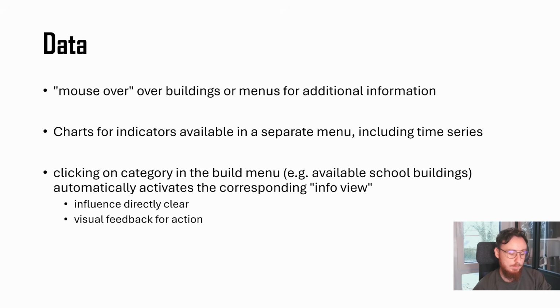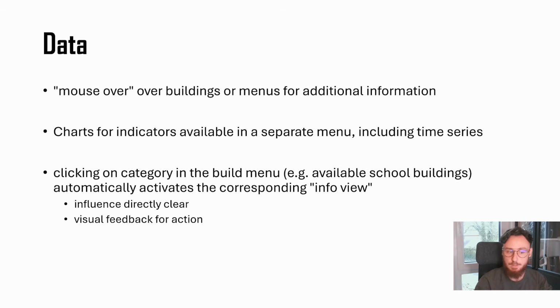And one thing that I love is if you go into the build menu and say, I want to build a new school, it automatically opens up the corresponding info view, so the education info view. That means you see the influence just by selecting, you haven't even placed it yet or found a location. It's just you in the build menu as a player.